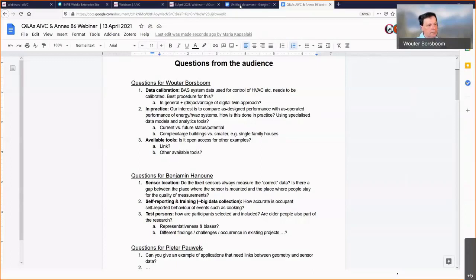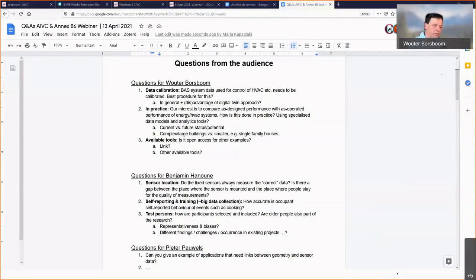So, the question: complex and large models versus smaller models and family houses. One of the predictions we did was on an office building with 2,000 workplaces and 600 sensors. You can have a relatively simple model there, so we use only a one-zone model.